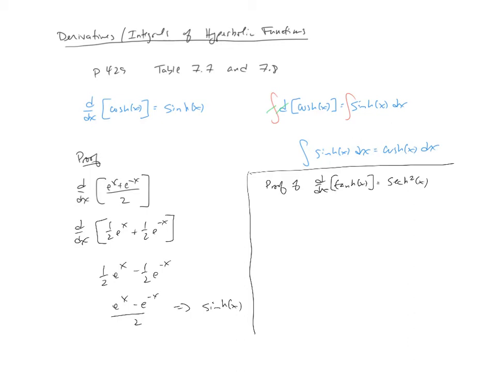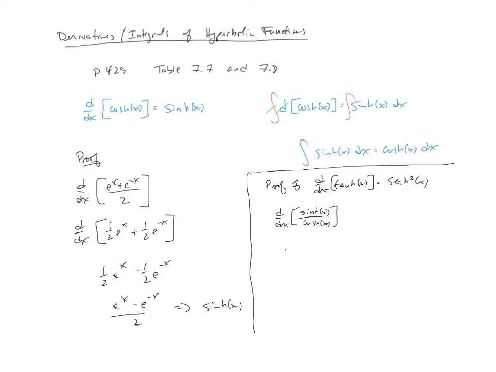So now, the proof is going to be where we take the derivative, not so much of hyperbolic tangent, but as we talked about before, that's going to be sinh of x over cosh of x. And now, since we're pretty clear on the derivative of sinh and cosh, we can go ahead now and use the quotient rule.